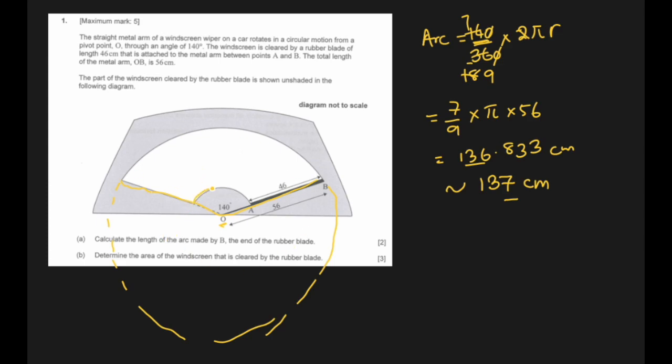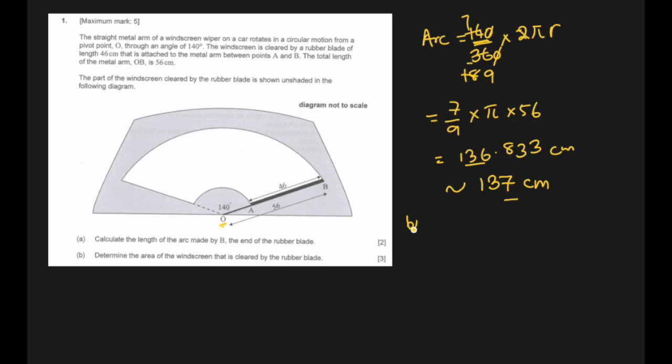If I subtract this small sector, which is 140 over 360 fraction of this smaller circle with this radius is how much? 10, correct? If I subtract this from the whole area, I get the white part, isn't it? And that's what I'm going to do now.